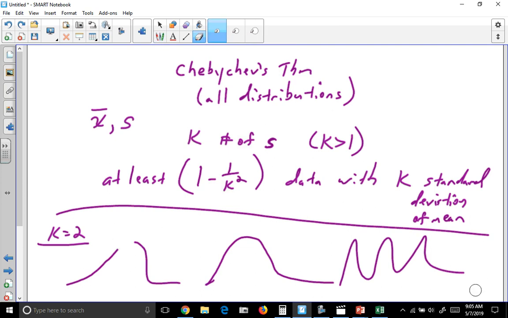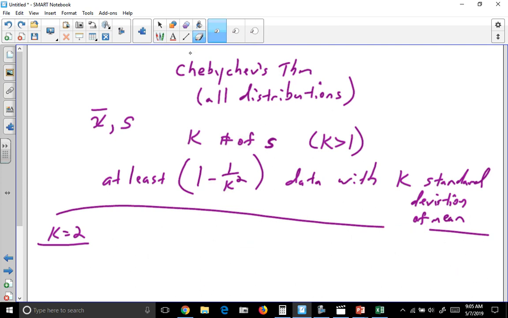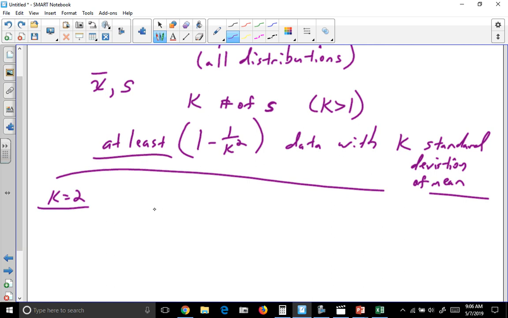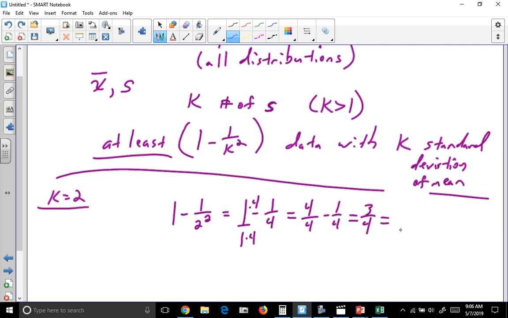So for all distributions, this formula will tell us the minimum amount of data that is going to be in that interval. So if we do 1 minus 1 over K squared, in this case 2 squared, that's 1 minus 1 over 4. If we get a common denominator, that would be 4, so if we subtract, that's 3/4, or as a decimal, 0.75.